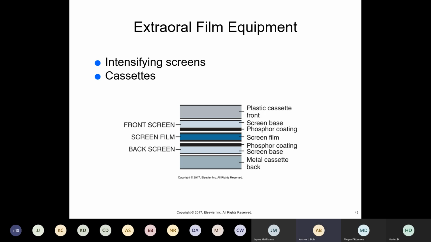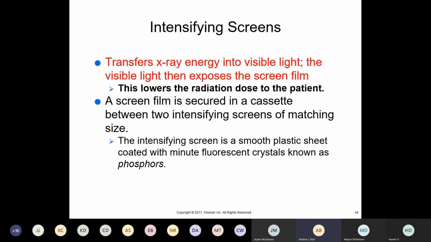So we've got our screen film, and then we place it between the intensifying screens. So you have to have intensifying screens on both sides of your extraoral film because it's double emulsified. So we need those phosphor crystals to be located on both sides of the film, so that we can expose the film just like we do with intraoral film.